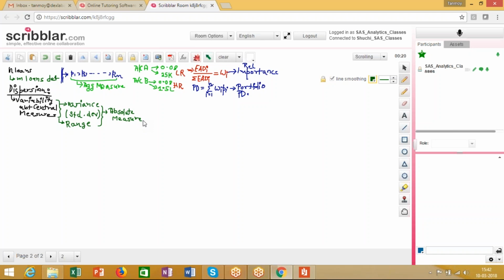Now, similarly to measures of central tendency, measures of dispersion are also divided into two parts. One is the absolute measure, and the other is the relative measure. Right. So there are these two measures.